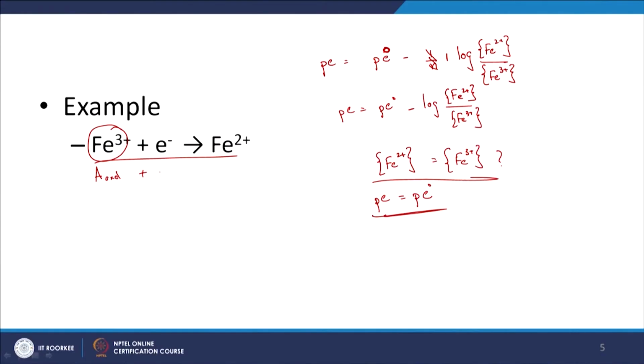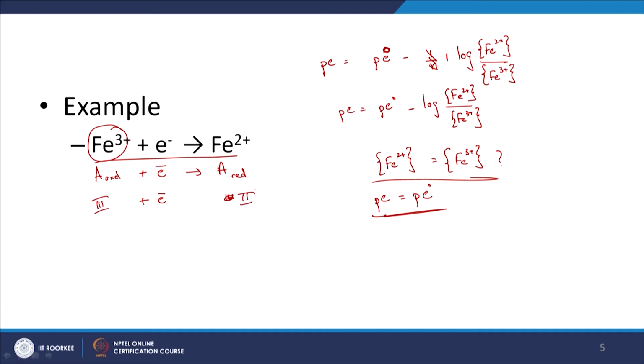The oxidation state here is 3, and because it is accepting 1 electron, it is reducing to 2. I think that is pretty simple to visualize.